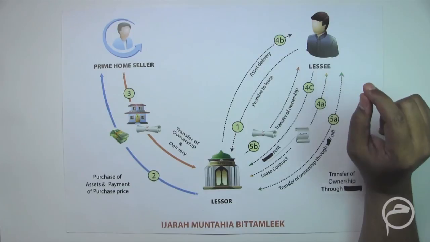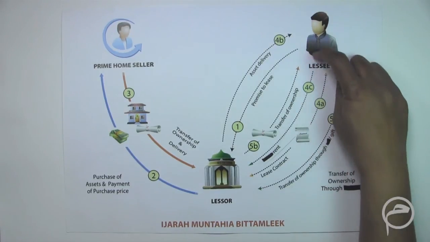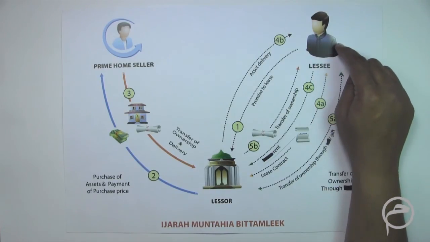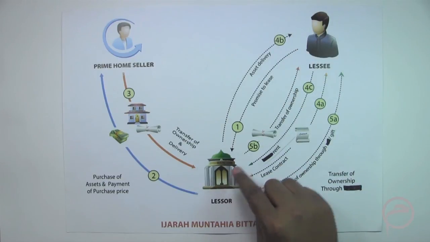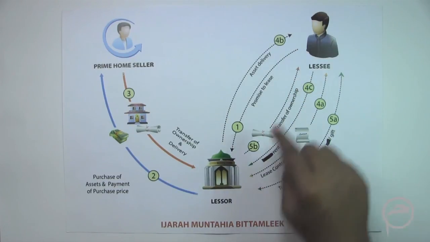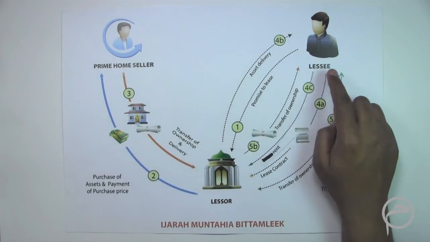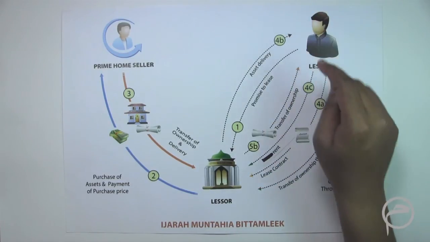It is transferred either through a unilateral undertaking, meaning there is a contract called a purchase undertaking, which is unilateral in nature, given by the customer in favor of the bank, mentioning that at the end of the lease term, I undertake to purchase the asset. So based on that undertaking, the ownership is transferred through a sale and purchase agreement to the customer.